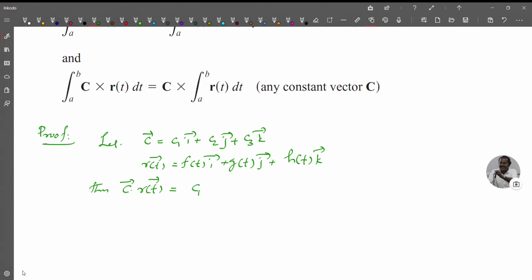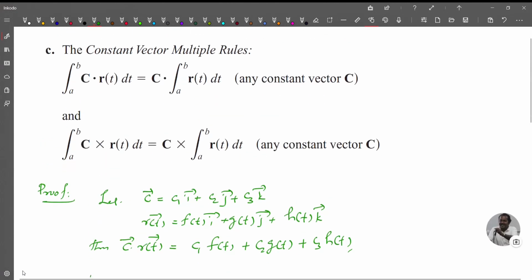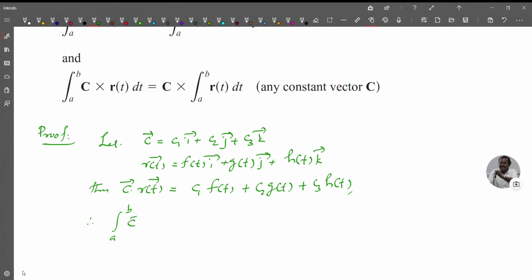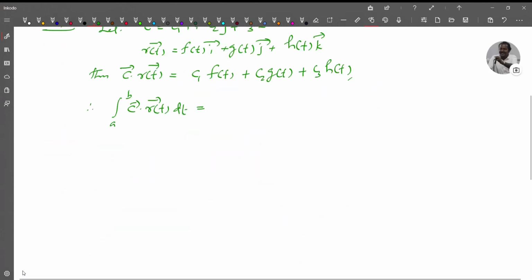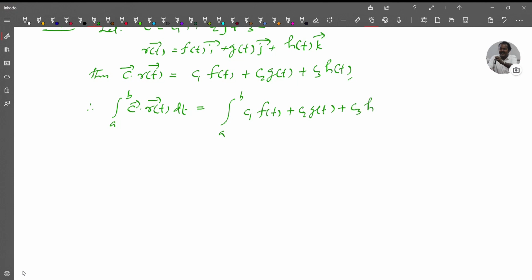C1 f of t plus C2 g of t plus C3 h of t, where C1, C2, C3 are constants. Therefore, the integral from a to b of C dot R of t dt is equal to the integral from a to b of C1 f of t plus C2 g of t plus C3 h of t dt.